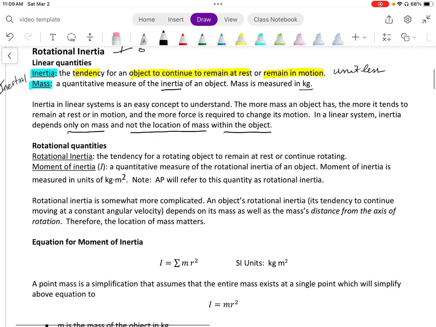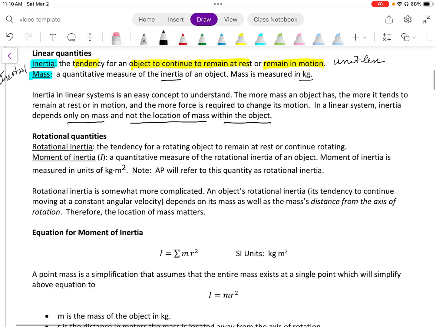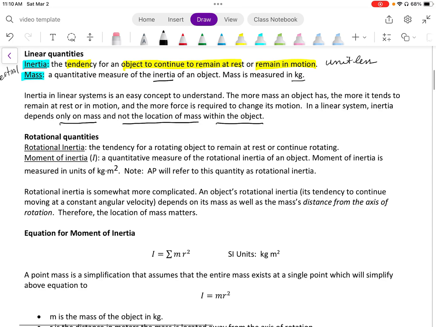Now let's talk about how these relate to rotational quantities. So rotational inertia, similar to the inertia of an object, is the tendency for rotating objects to remain at rest or to continue rotating.